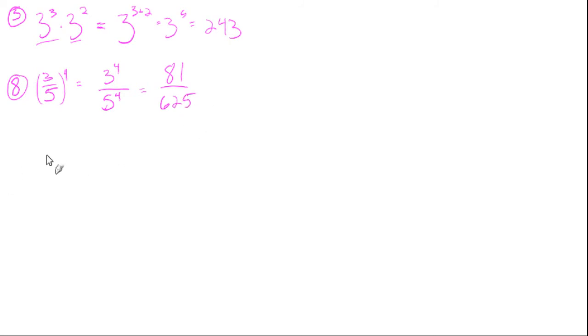Okay, number 9, that's 2 sevenths to the negative third. Remember the very end of the last video, I just wanted to add really quickly that if you have a fraction to a negative exponent, you can just take the reciprocal of that fraction and make the power positive.